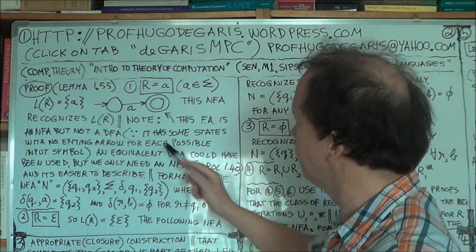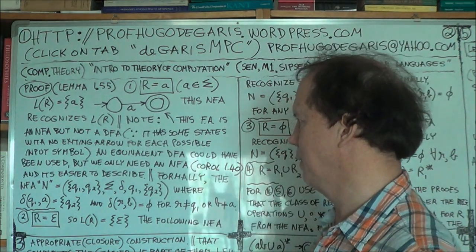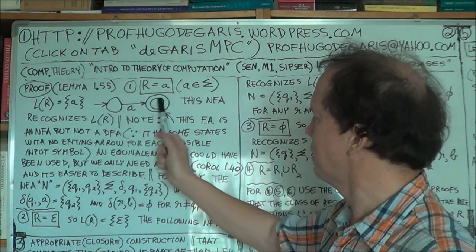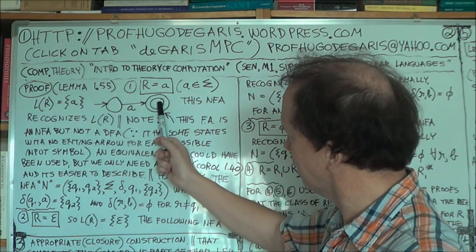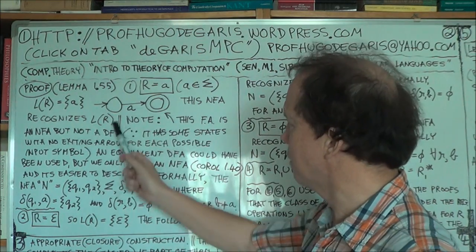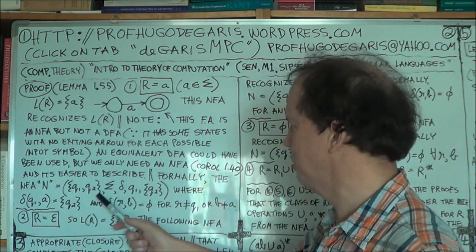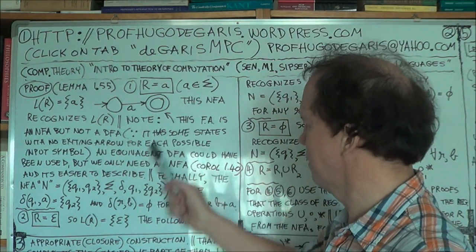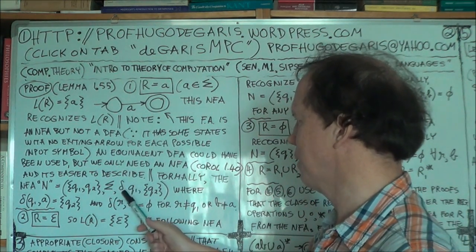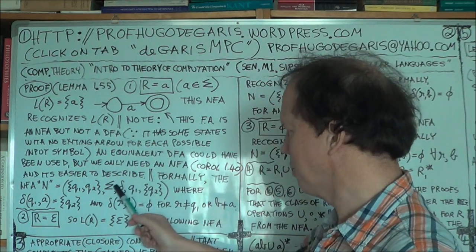Okay, now the full definition of this machine. Well, let's see. Now we've got two states, right? A start state and an accept state. So you could call them Q1, Q2. So there's your set of states, that's your capital Q, right? The alphabet, whatever it is, sigma, and the transition function. Well, that's always the hardest part.